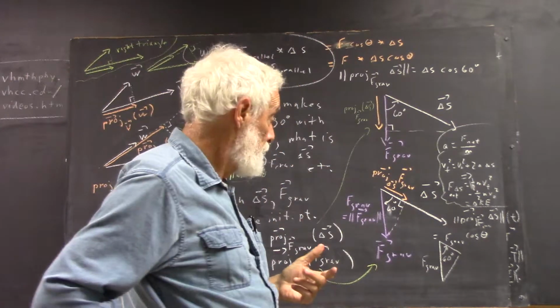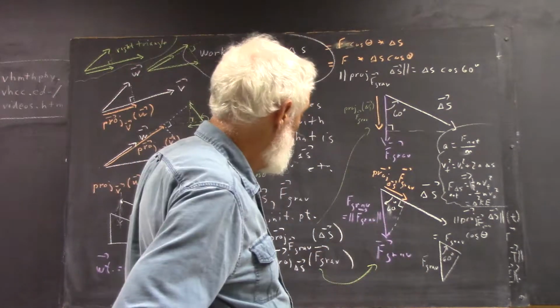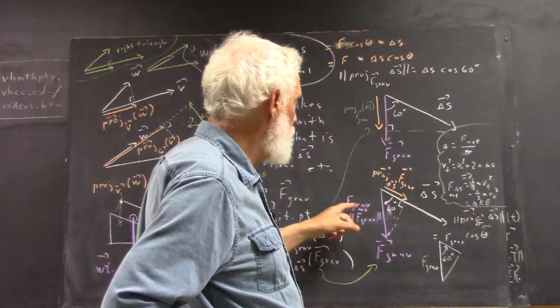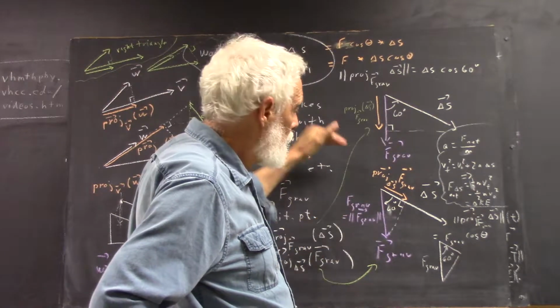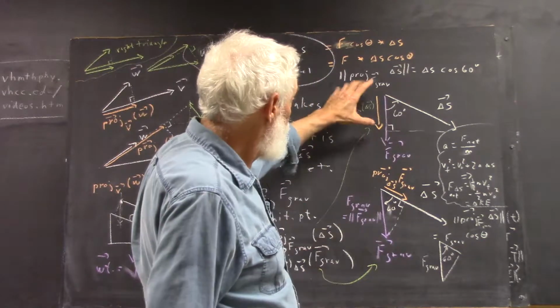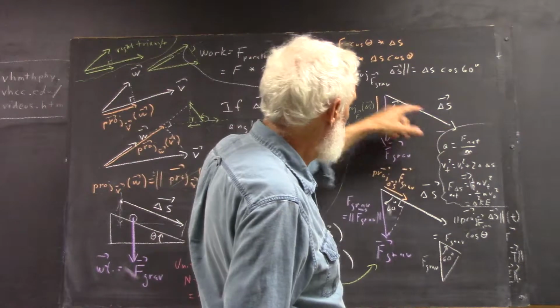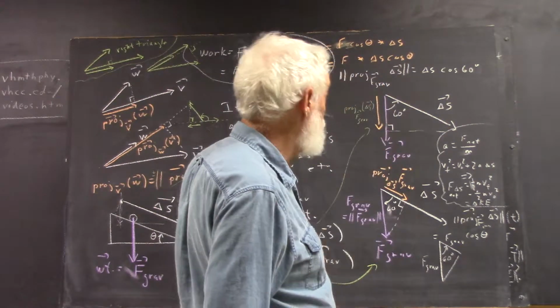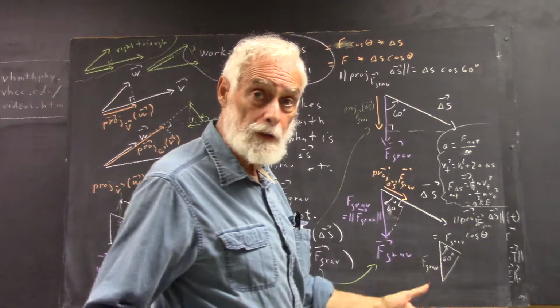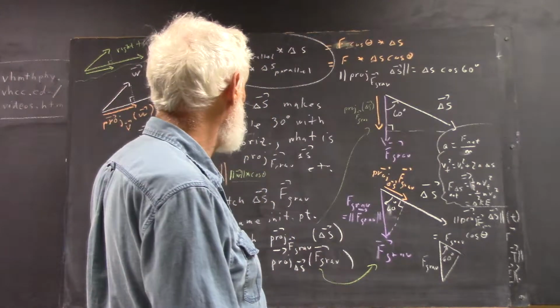Now, you don't necessarily know what that means, but that's important terminology. So this is the component of F grav parallel to delta S, in the direction of delta S. This vector is the projection, the component of delta S in the direction of F grav. And that terminology is going to become extremely important in our next class.